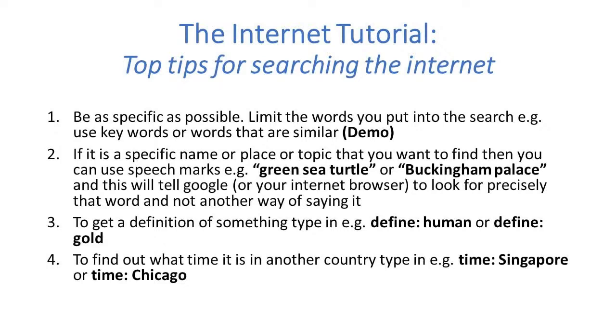Right, again, you can do the same again for define goals. You can also find out the time in another country. Let's try that one. So, time Singapore. If I copy this, I can just type it out.